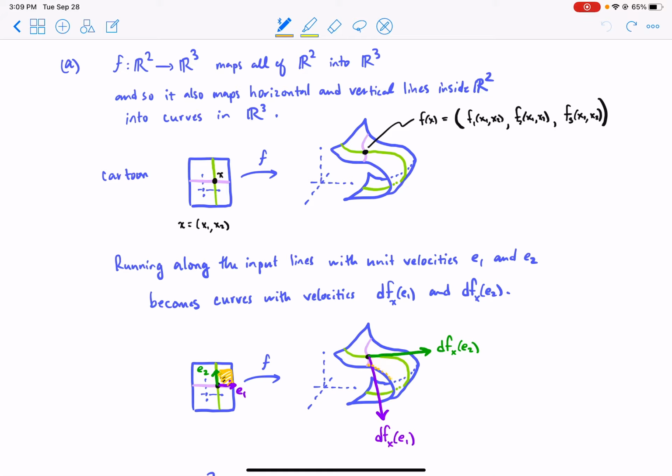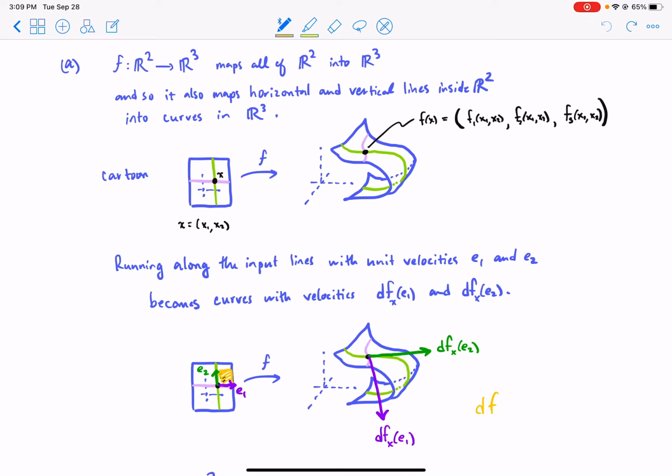But this square under the map df at x, this is a linear map, so it will take that square to a flat parallelogram. Whereas the other map took it to some sort of curvy piece of the surface. That was the map F.